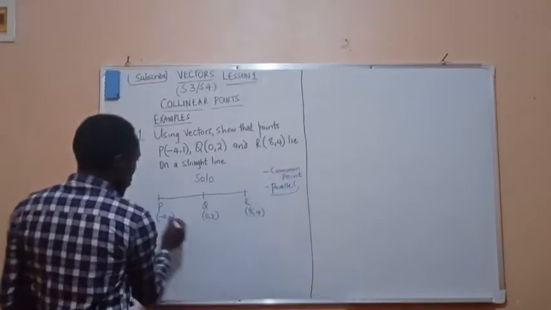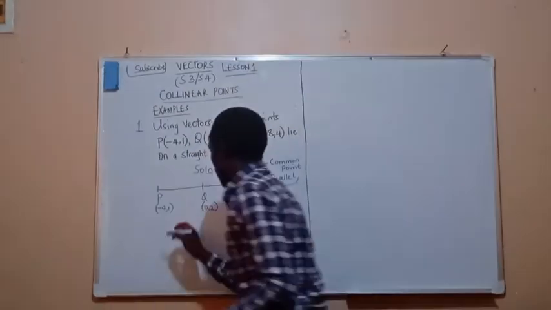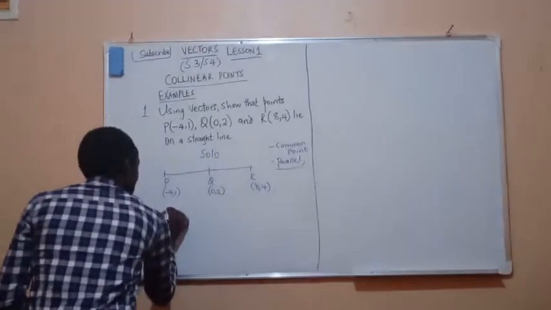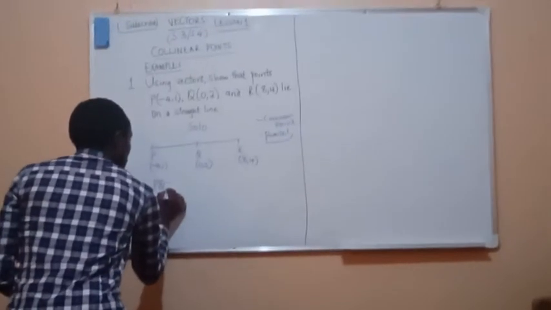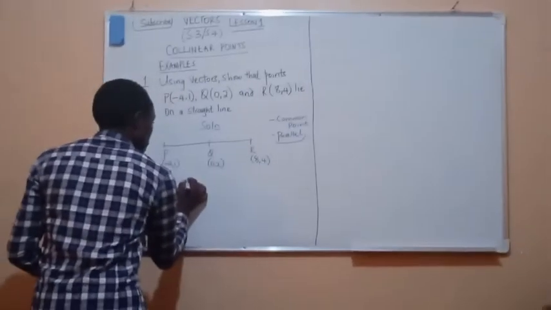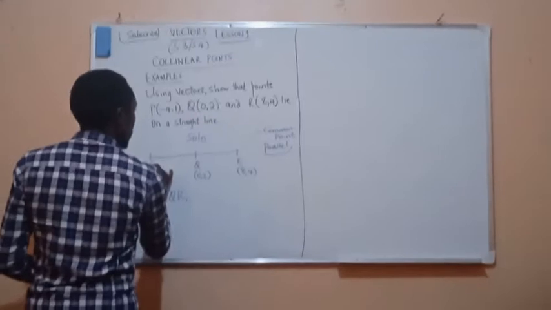Now, when you look at P, Q, and R, it means that you can pick PQ, you can pick QR, and you can pick also PR.